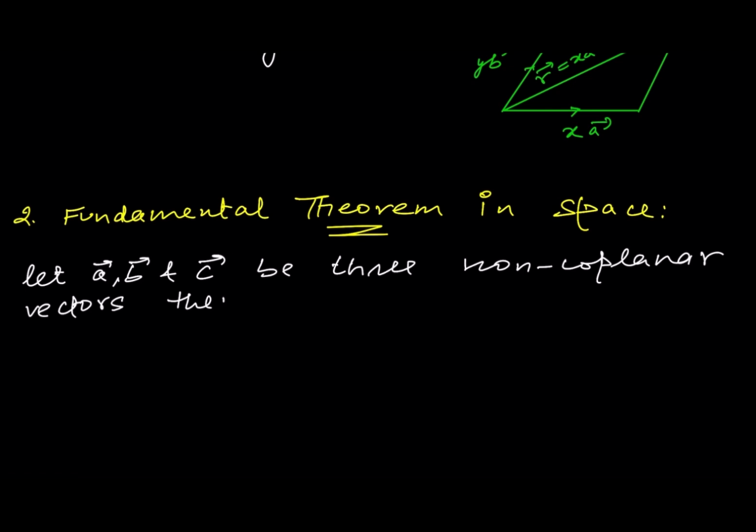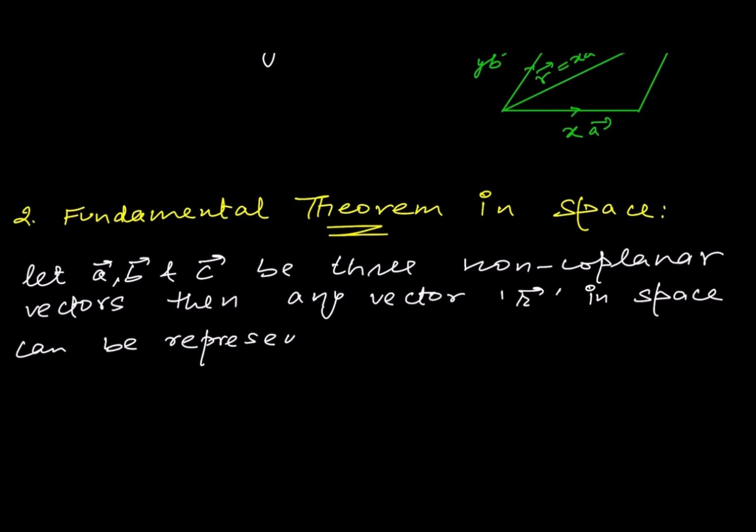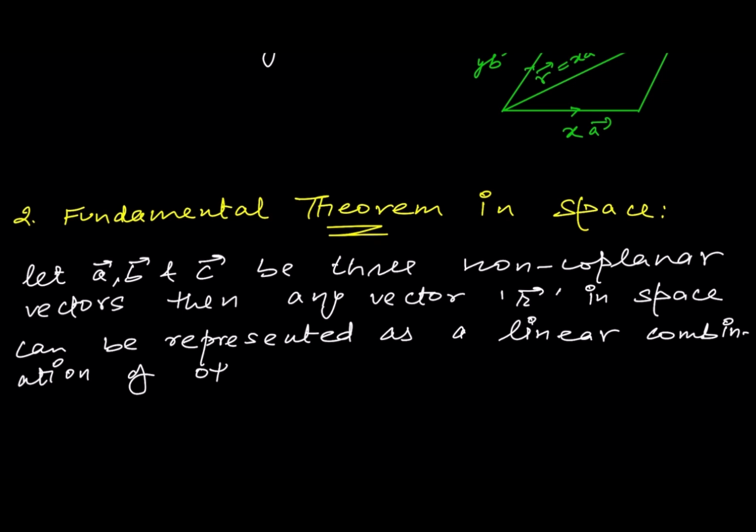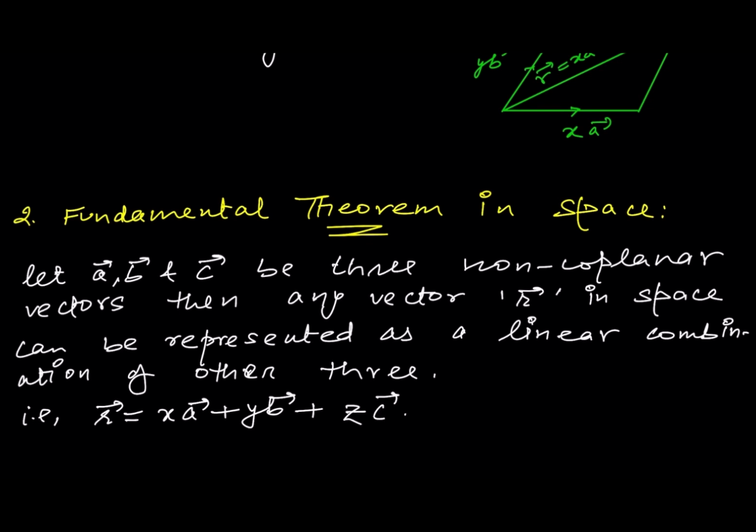Then any vector R in space can be represented as a linear combination of other three. That is R vector is equal to XA vector plus YB vector plus ZC vector.